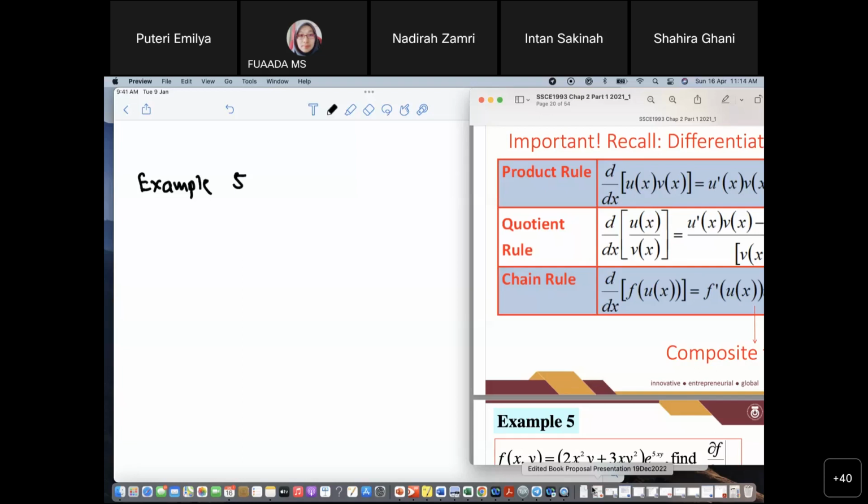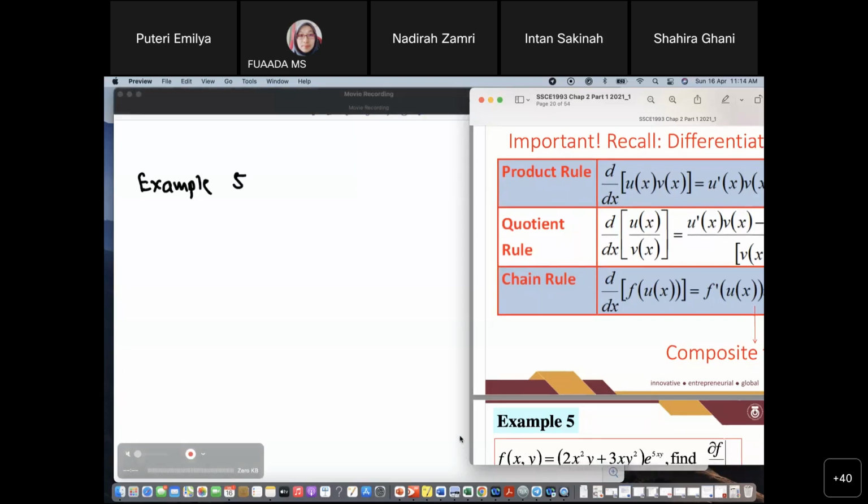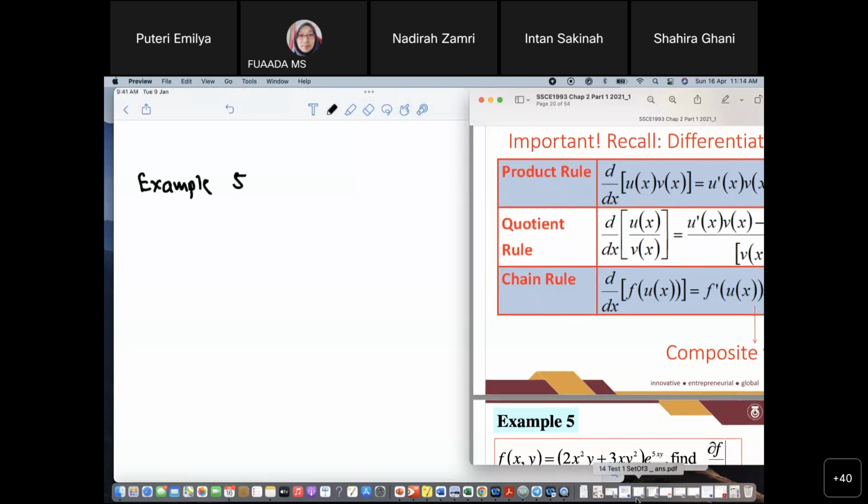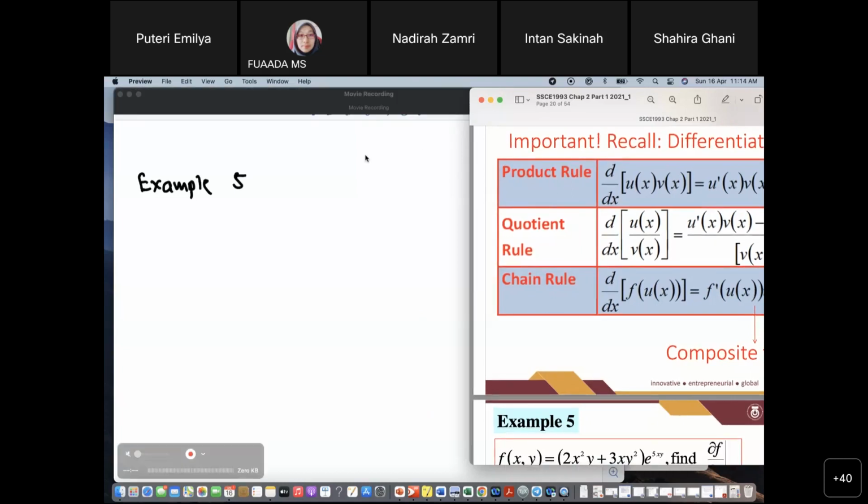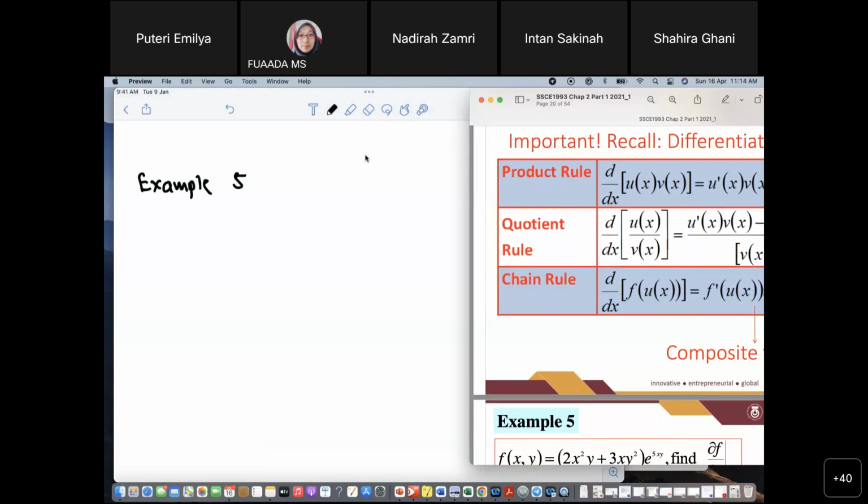But I think to differentiate is not so difficult. Any volunteer? Done already? Did you get it? I know the answer is already there, but like I mentioned before, you have to work on it by yourself.